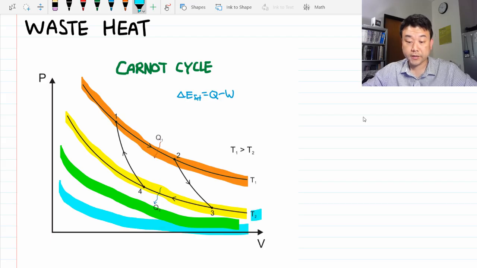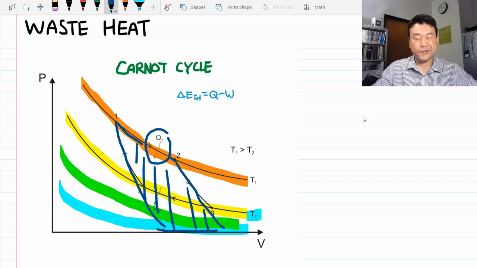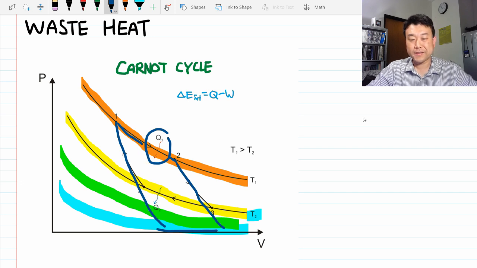So if your T2 was 0 Kelvin, then the area under the curve will be 0. And you'll have turned all of the input heat into work. Well, reaching 0 Kelvin is impossible. And making a heat engine operate there is even less possible.